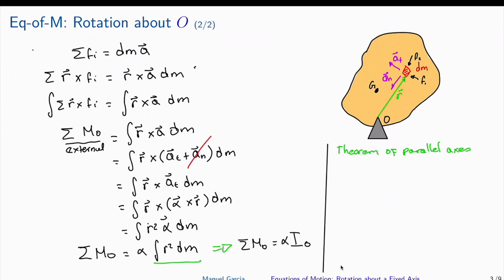We have that the moment of inertia with respect to O is equal to the moment of inertia with respect to the center of mass plus the mass multiplied by the distance squared. So the distance is rG squared, that's the distance between this and that point. Let me put it in red.